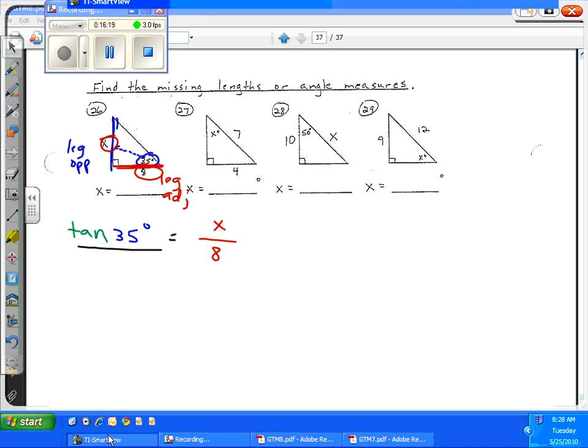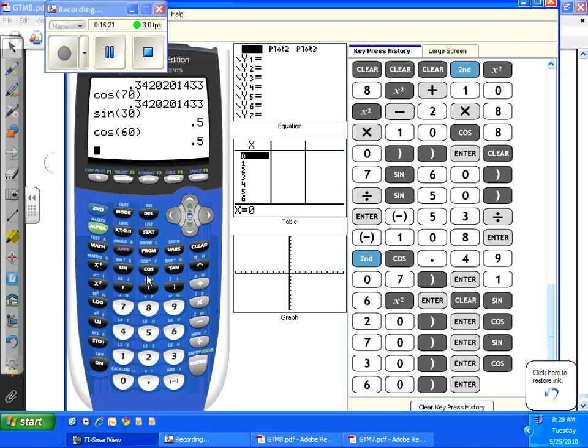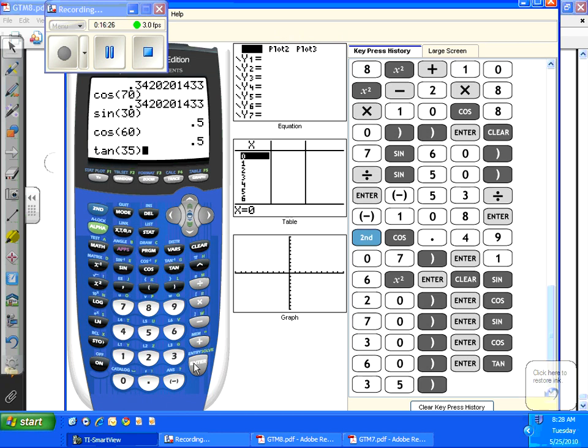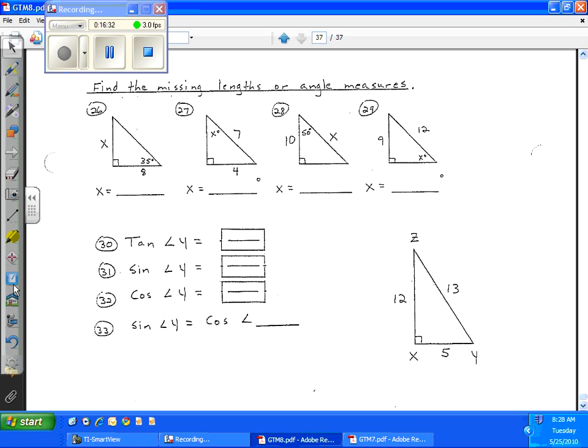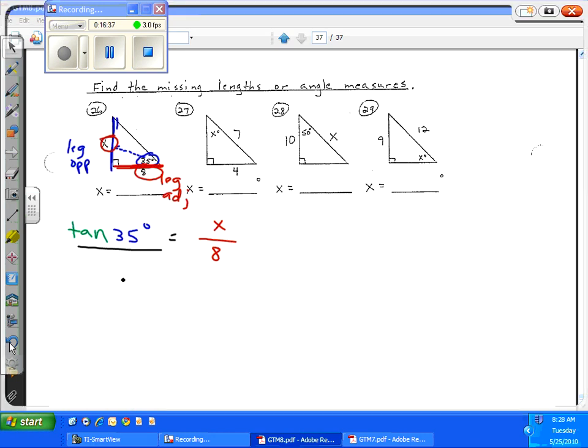You would need to make sure your calculator's on degrees if it's been cleared. Tangent 35 to 4 decimal places is 0.7002. So we're going to have 0.7002 is equal to x over 8.